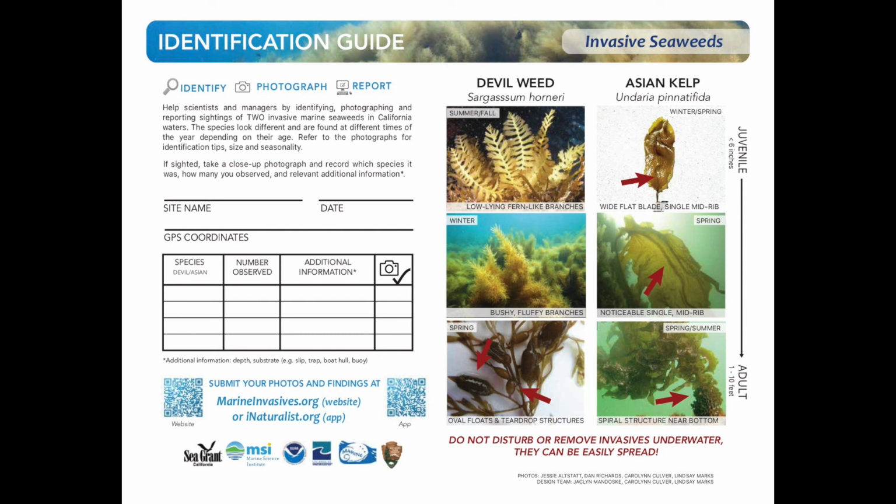So it doesn't have that big, large holdfast, doesn't provide the same vertical structure and canopy that giant kelp does. So it's highly invasive and very problematic. But fortunately, some water keepers and researchers are tracking it and trying to prevent the spread.